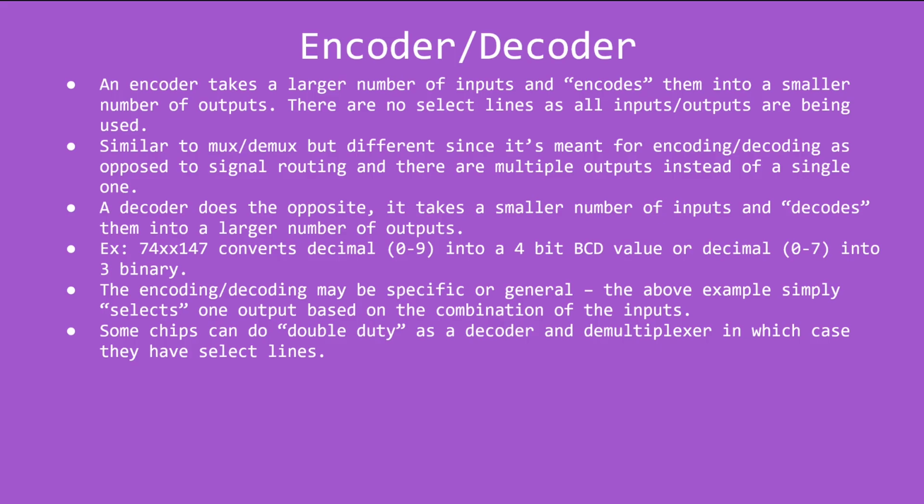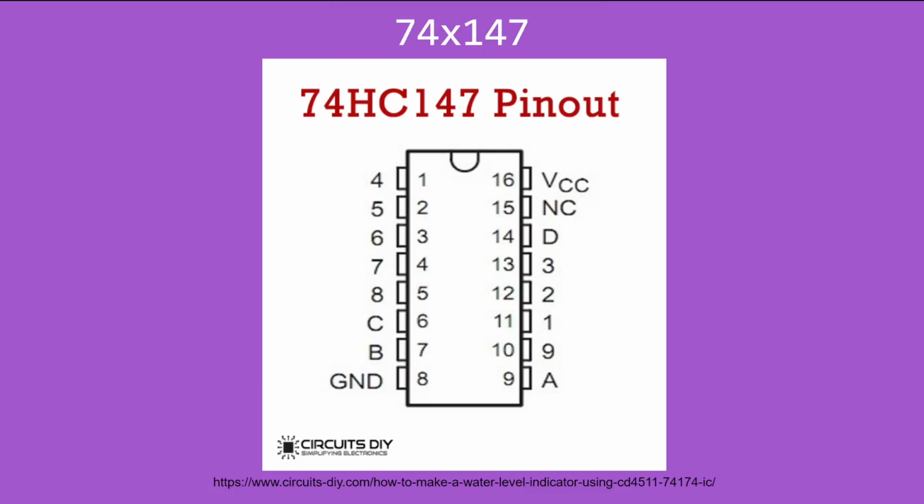The big difference between encoders and decoders, generally speaking, is that they're sending information, while multiplexers and demultiplexers are essentially just routing signals. Now here's a correct pinout for the 74HC147, and it's not going to matter whether it's HC, LC, or HCT, they should all have the same pinout.